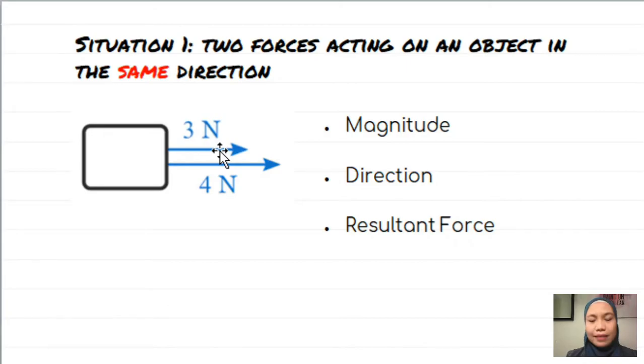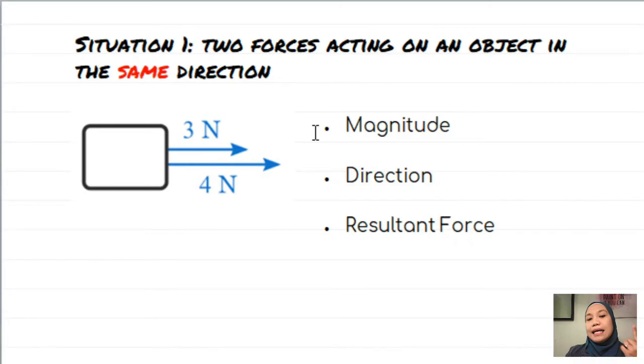Now, the first force is 3 Newton and the second force is 4 Newton. To describe the resultant force acting on the object, we must mention its magnitude and its direction, and the final answer is the resultant force. So the magnitude is 3 plus 4.